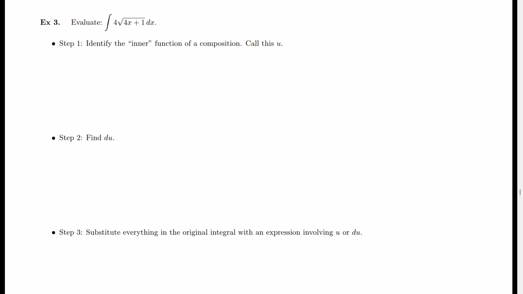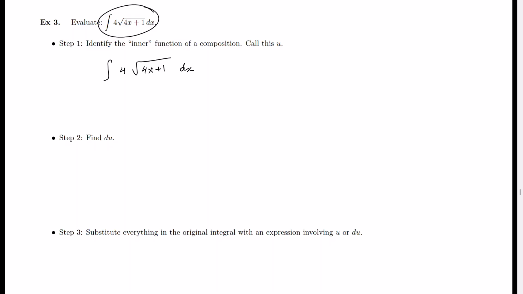So the very first step in these types of problems is to look at the integral that's provided to you and identify what you want to be the u for your problem. So in my case, I have 4 times the square root of 4x plus 1 with a dx off to the side. So a good idea is to always make the u be the base of some power.